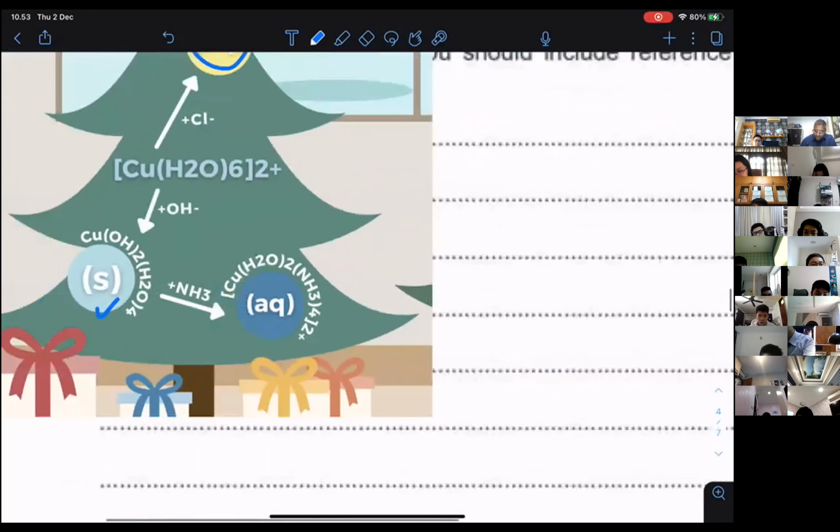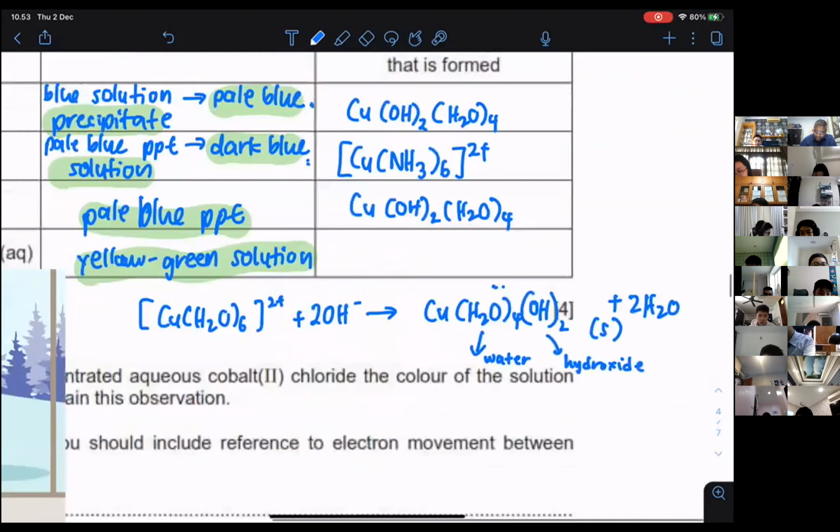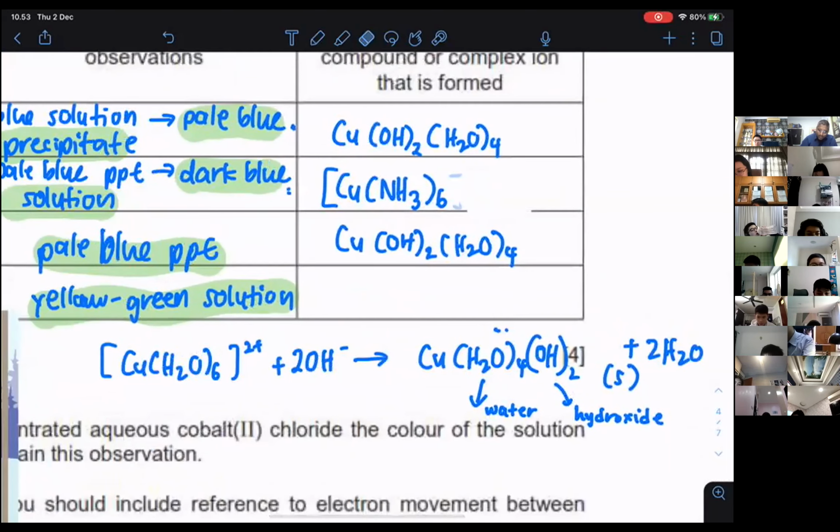So this one, I'll erase. This is 4, this is going to be water, and then there's 2, and still going to be 2 plus.